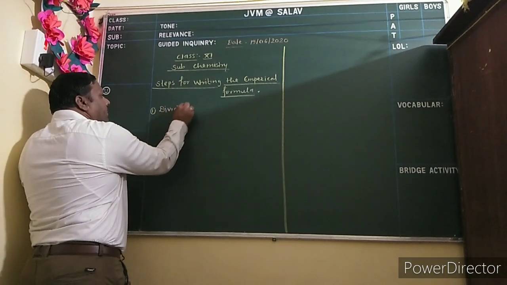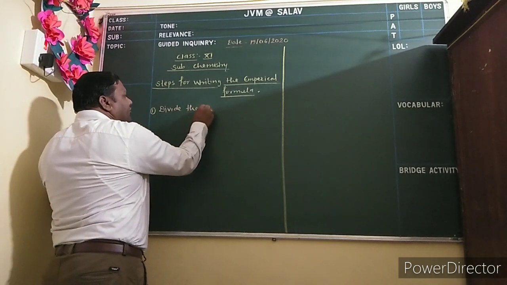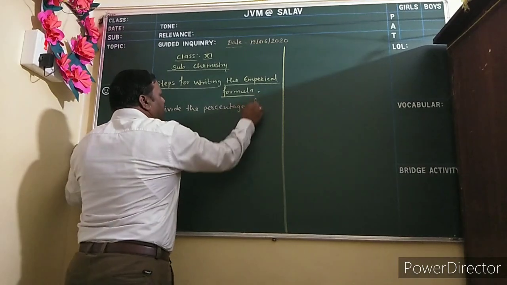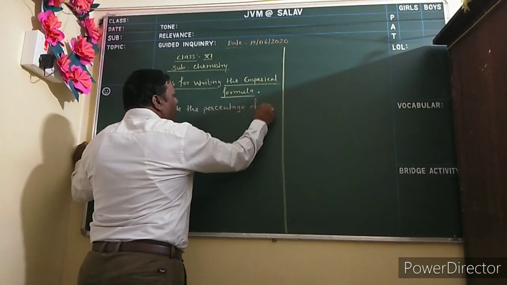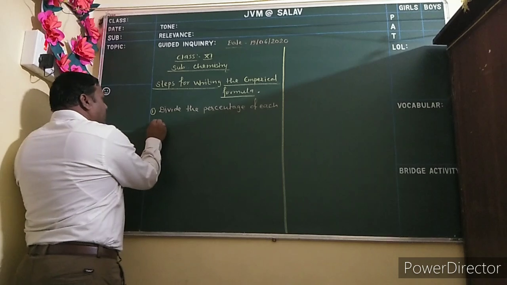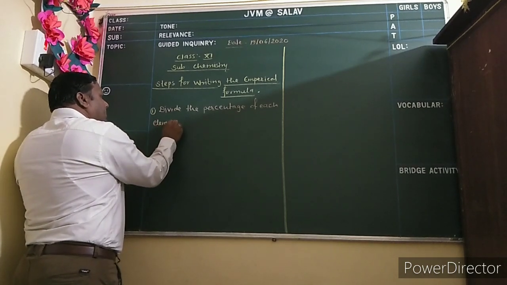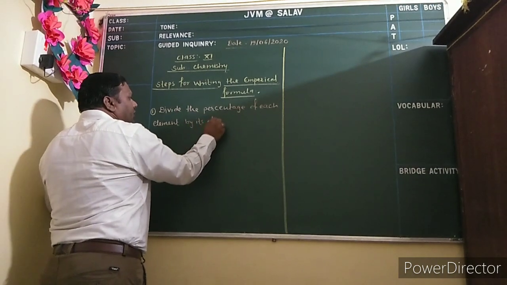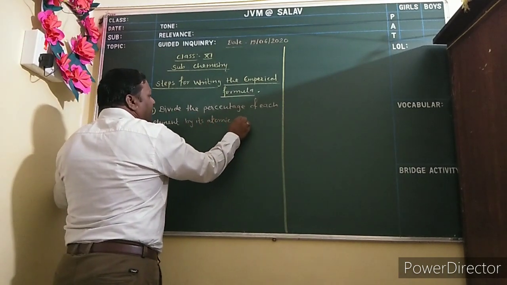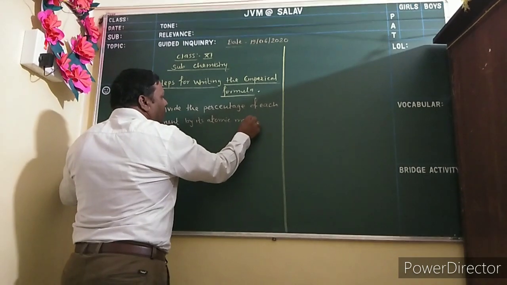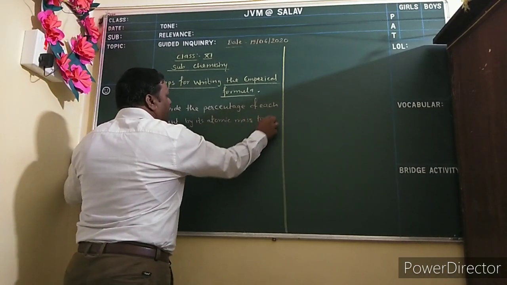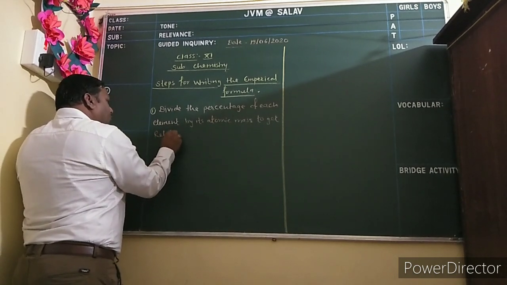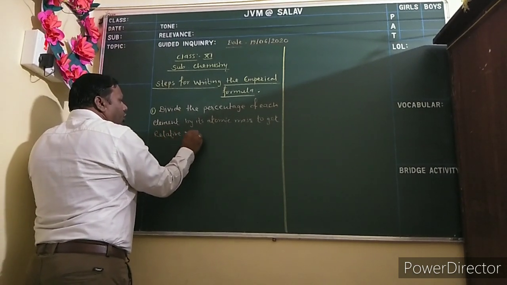Divide the percentage of each element by its atomic mass to get the relative number of moles.